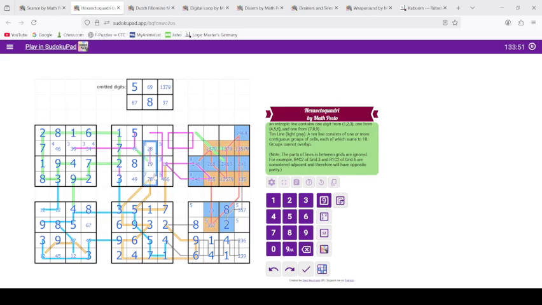If this were 9, 8, 7, and this were 1, 2, 3, 4, 5, these would be 2, 3, and 4. The possibilities for this line is either 1, 2, 3, 4, 5, or 3, 4, 5, 6, 7.